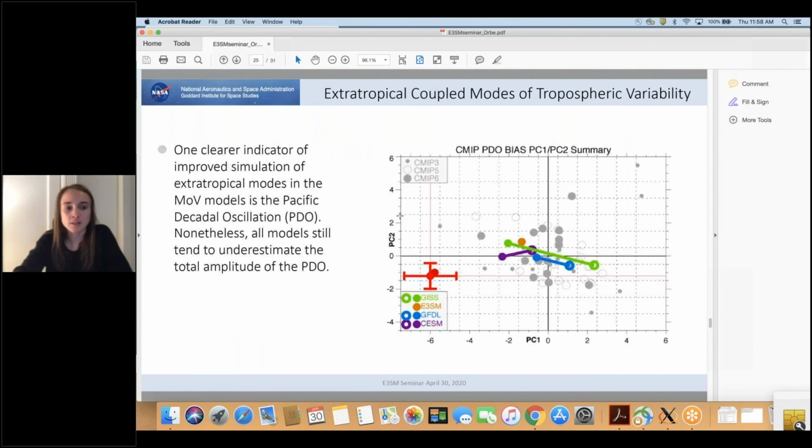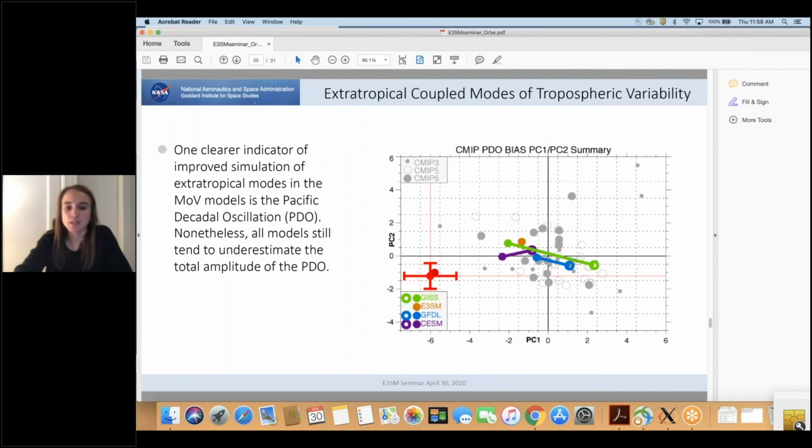That said, perhaps one clear indication of improved extratropical mode representation is in the Pacific Decadal Oscillation. And this is a figure that John put together where he's looking at the principal component phase space of PC1 and PC2, which explain most of the variability of these sea level pressure anomalies.